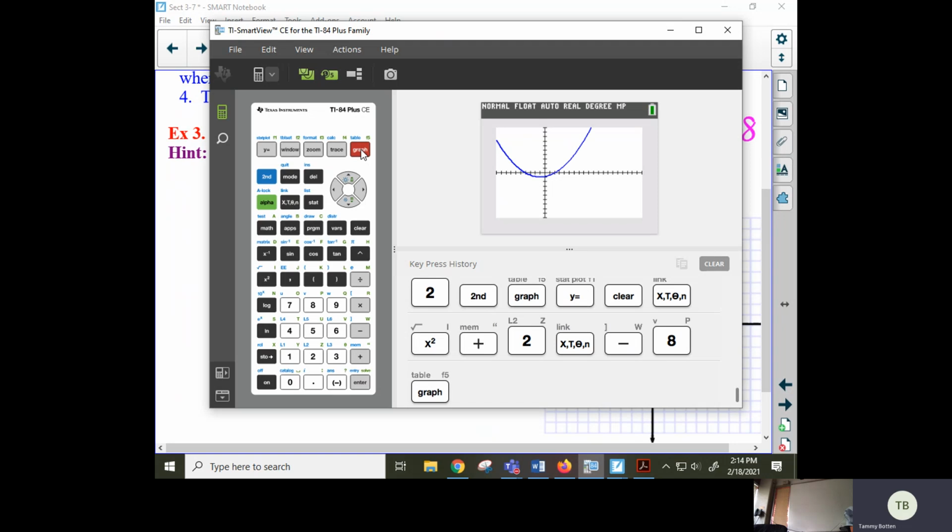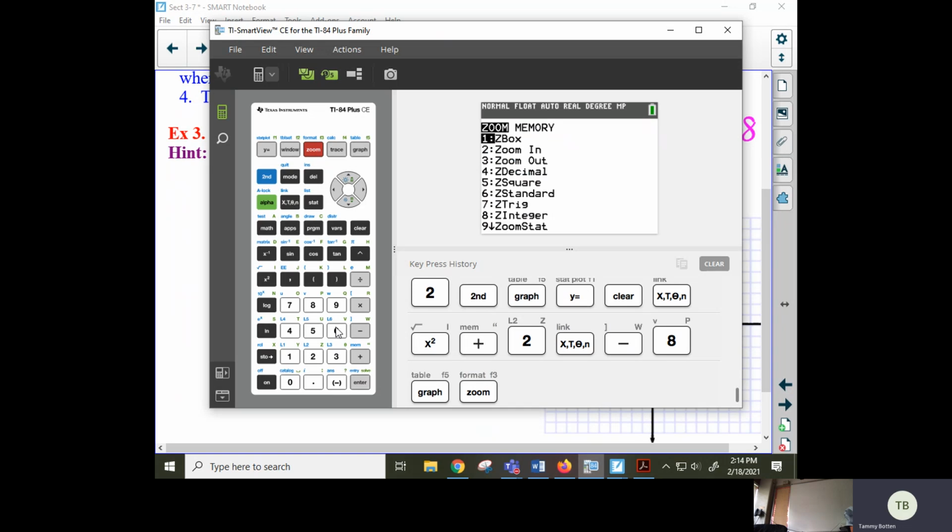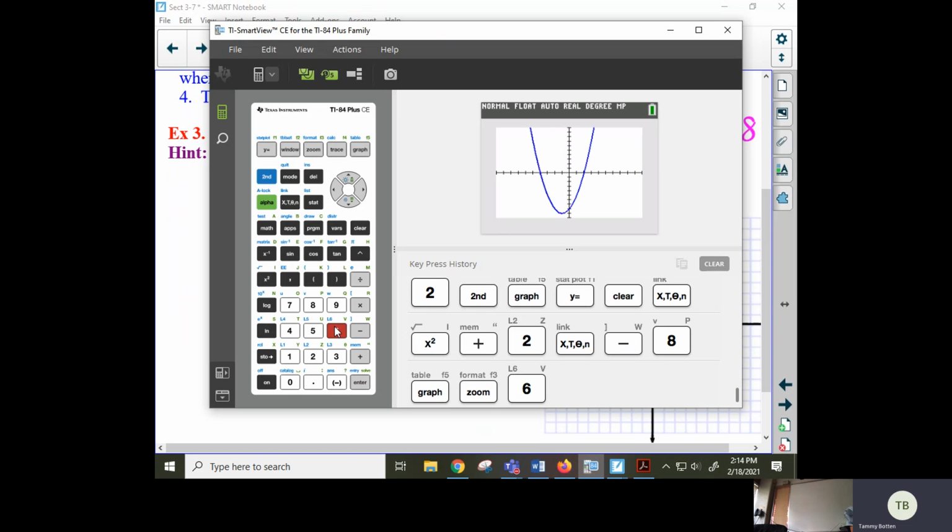Now somebody said today that their graphs look different than mine. That could be because I have a little bit different window. And so really if your parabola fits in it, it's good to do zoom 6. I think my window was just set up differently.